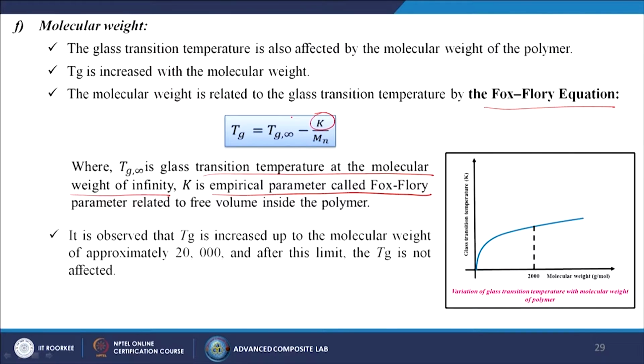It is observed that the glass transition temperature increases up to a molecular weight of approximately 20,000, and after this limit it is not affected.